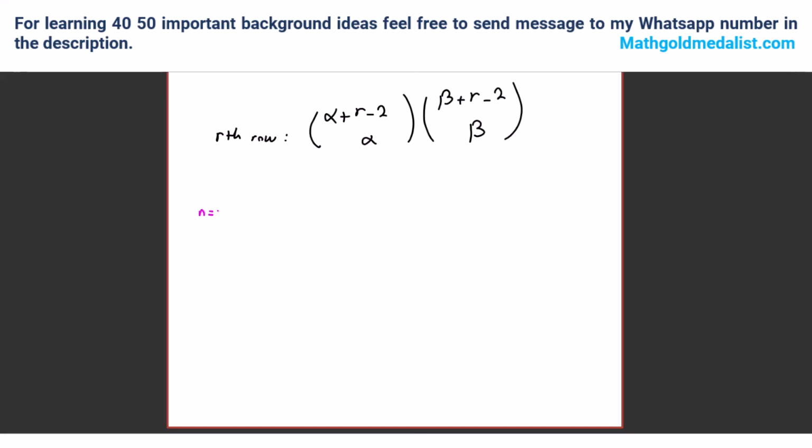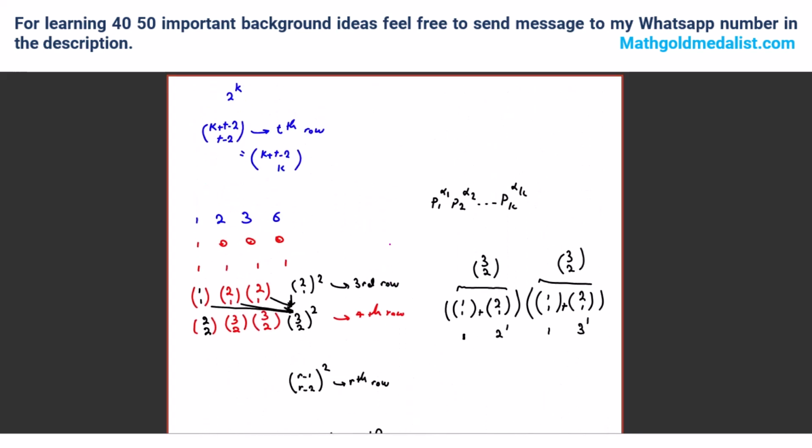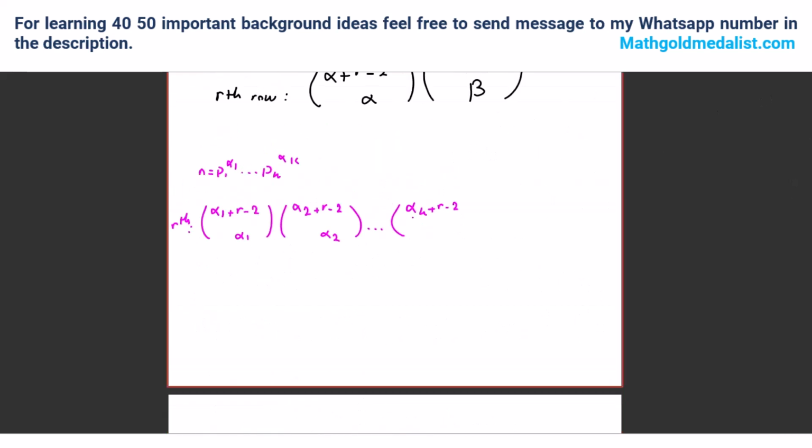Write if n is p1 alpha 1 to pk alpha k, then for the rth row it is alpha 1 plus r minus 2 choose alpha 1, alpha 2 plus r minus 2 choose alpha 2, to alpha k plus r minus 2 choose alpha k. For 1 prime also it was r minus 2.